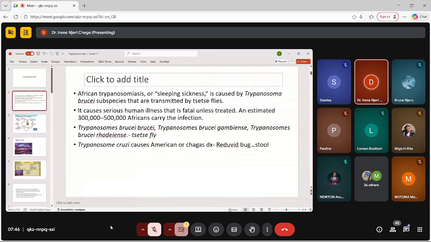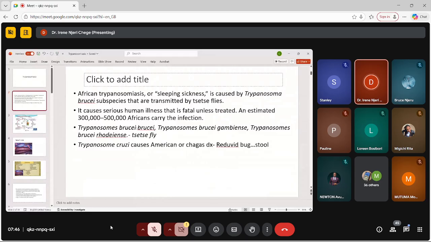Okay, and remember this tsetse fly, we used to say it is the Glossina species, or the Glossina genus. I think it's a genus. Okay, so just remember that.